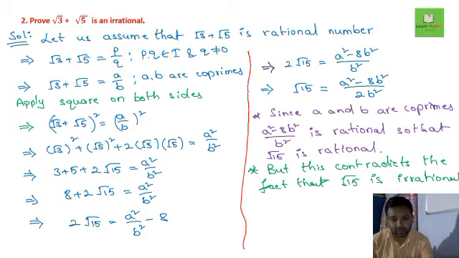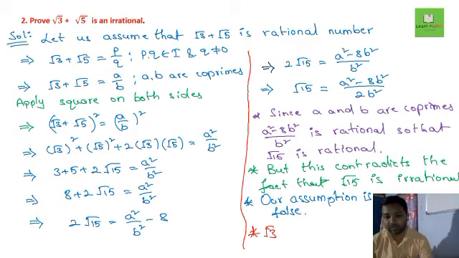If it is irrational, our assumption is false. Therefore, our assumption is false. Therefore, you can conclude the final result for root 3 plus root 5.